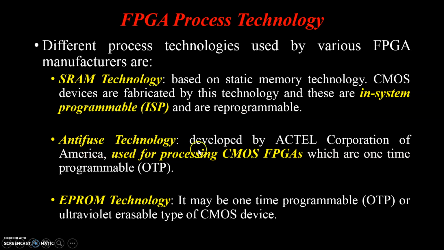Anti-fuse technology, developed by Actel Corporation of America, is used for processing CMOS FPGAs which are one-time programmable, OTP. EEPROM technology may be one-time programmable or ultraviolet erasable type of CMOS devices.